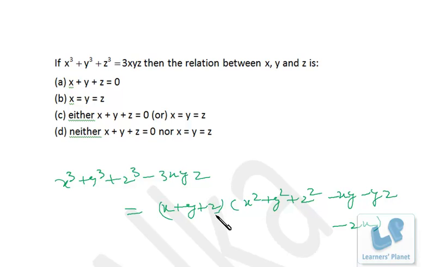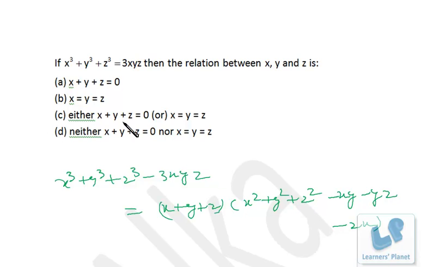So either x plus y plus z is 0, or x is equal to y is equal to z. If x is equal to y is equal to z, then also this right hand side will be 0, because in that case this expression will be x square minus x square and so on, so all the terms will be cancelled out. So further it will be 0, right?